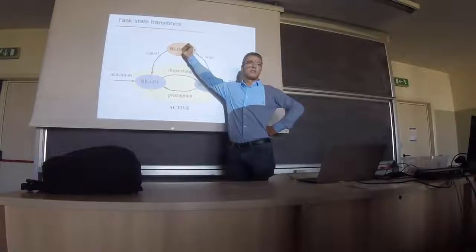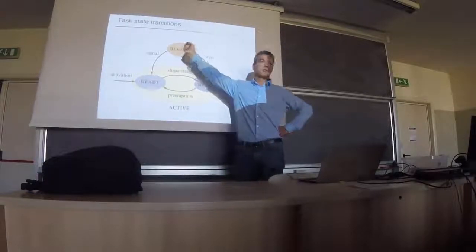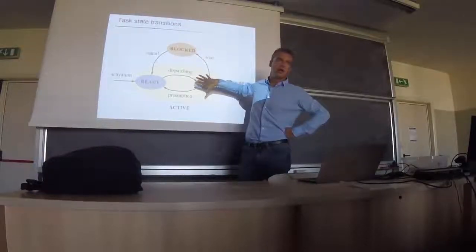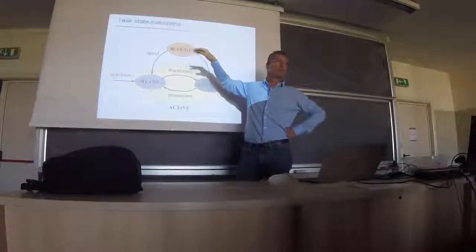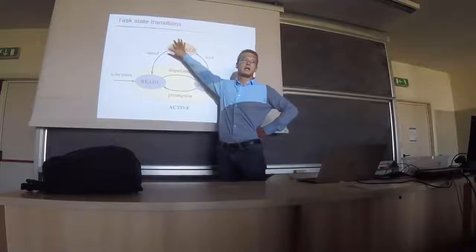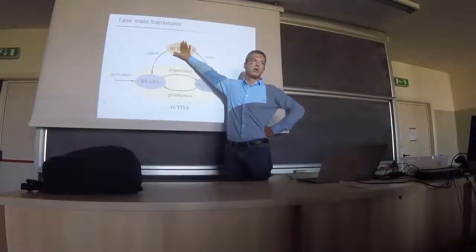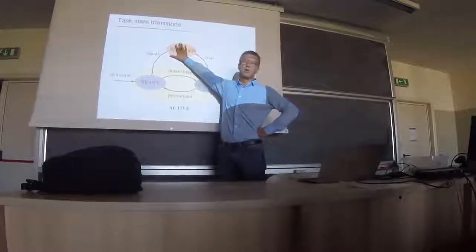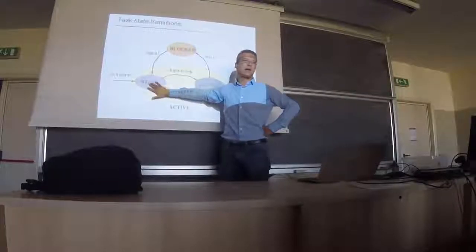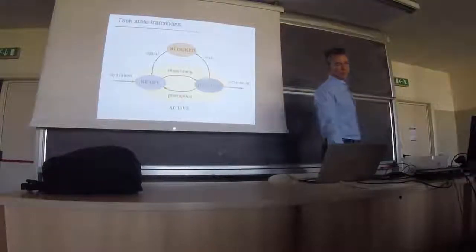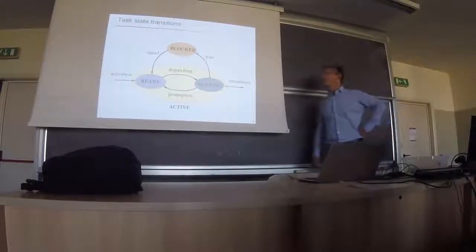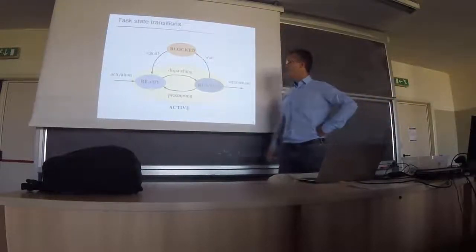So from this blocking queue, who is responsible for waking it up? Some other executing task, an I/O, an interrupt or whatsoever. Some other task or interrupt will sooner or later wake it up and put it back on the ready queue. This is the very basic, simple state transition diagram.